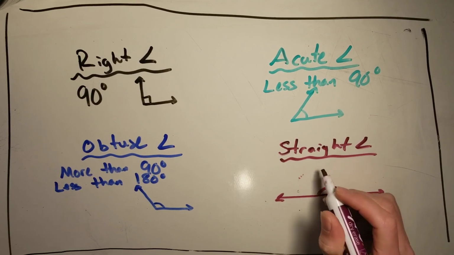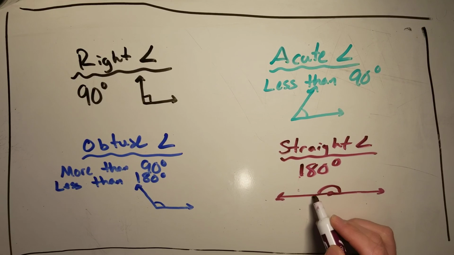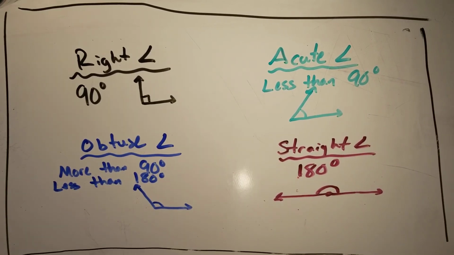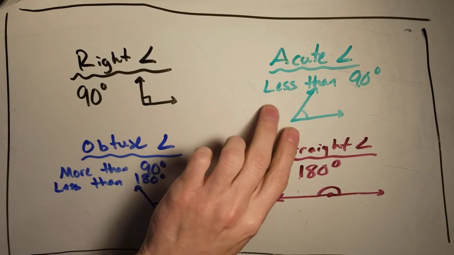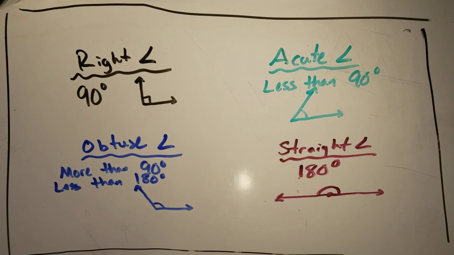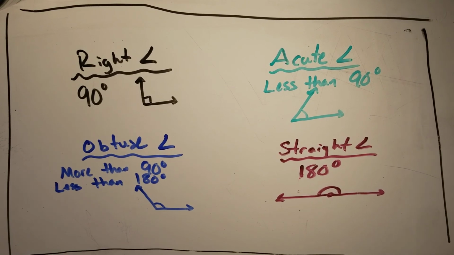And they make a 180-degree angle between them, so they measure exactly 180 degrees. So in order from least to greatest: acute, then right, then obtuse, and then straight would be the next. So there are our 4 ways to classify angles as one of these 4. Those are the ones we'll stick with.